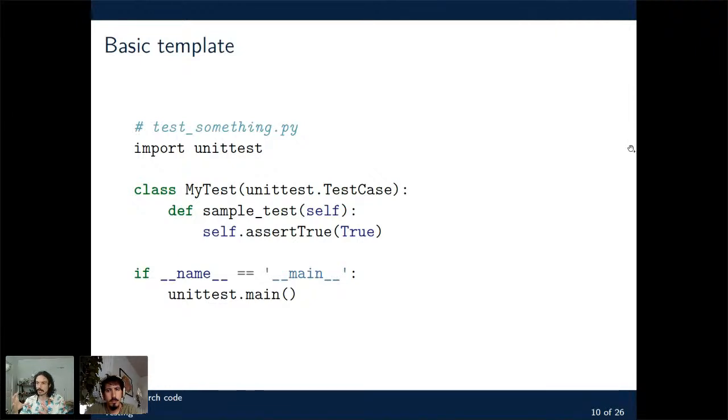So basically you create a scaffold that contains all your tests. You import the unittest library. Then you create a class which derives from unittest.TestCase, and then you create functions which have test_something in the name. And each of these tests will assert whether a statement is true or not.